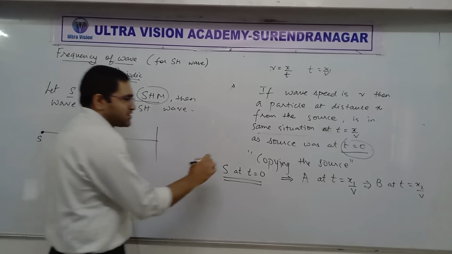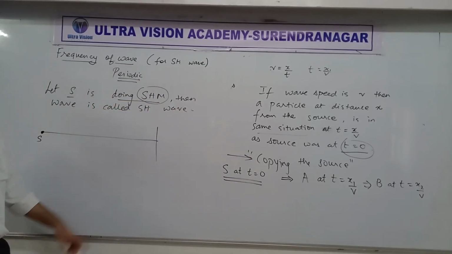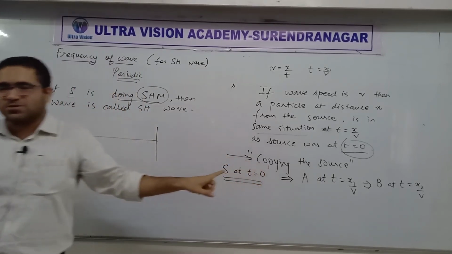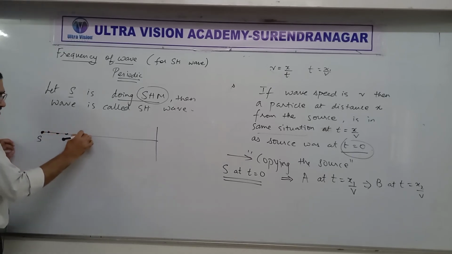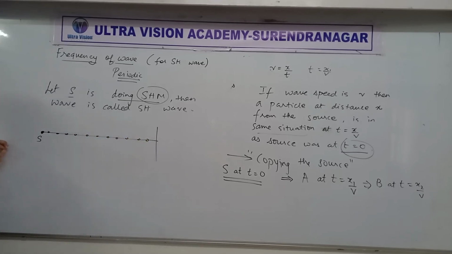Now, if the source is doing SHM, then all particles are going to copy the source. Yes or no? Is that clear? If the source is doing SHM, all particles are going to copy the source. Clear? What does that mean? Every particle on this string will be doing simple harmonic motion after some time, of course. Correct? That is, if you keep moving this up and down, that is oscillating.